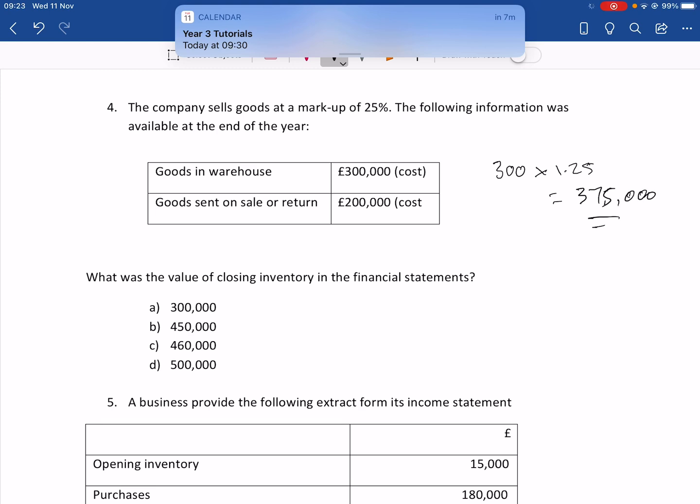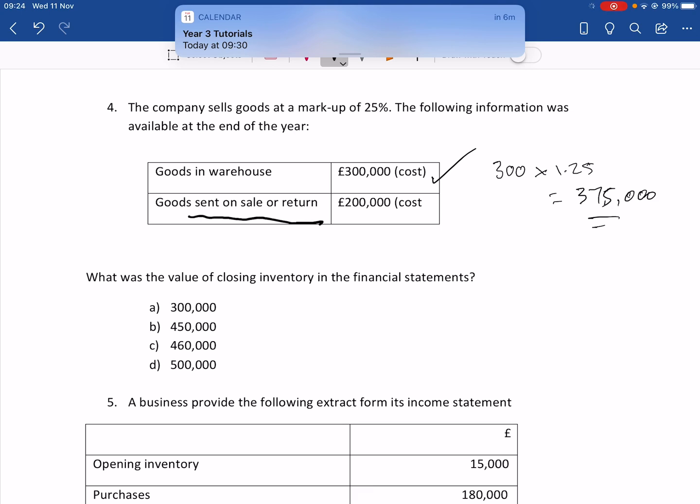Okay. Well, this question says, what is the value of the closing inventory of financial statements? And the problem with this question is it says, so we've got goods in the warehouse which cost us £300,000, yeah? But then it says goods sent on sale or return of £200,000. So that basically means that it's not really included in stock because it said it's been sent, we've actually sold it.